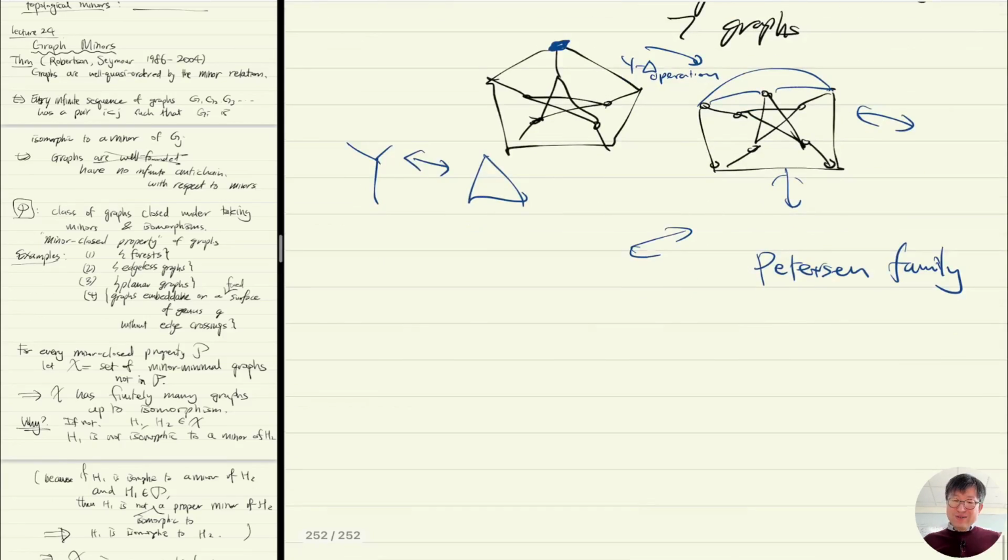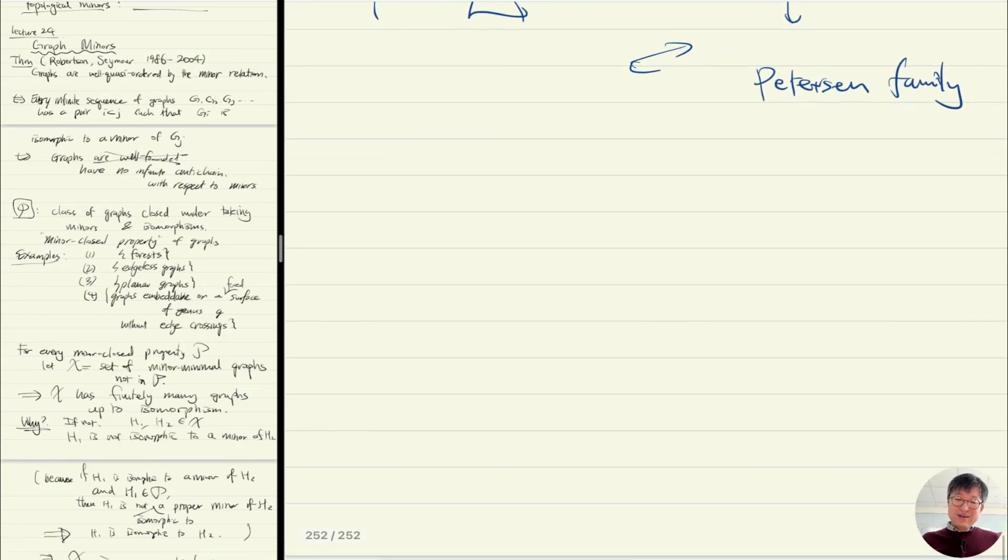Now, let me tell you a more complicated case. So, non-knottedly embeddable graphs.